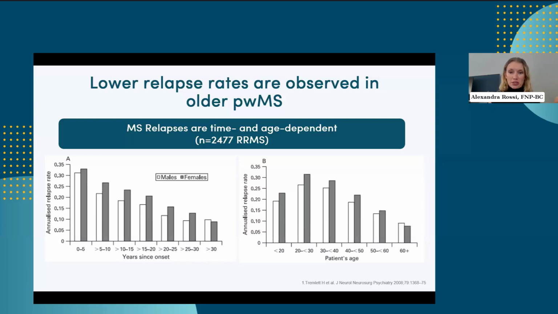Again, remembering this patient's age. And then over here on the right, you see the annualized relapse rate correspondent with the patient's age range. You see kind of higher rates, of course, in the 20s and 30s, really peaking in the 30s, but really starting to decline in this 40 to 60 age range.